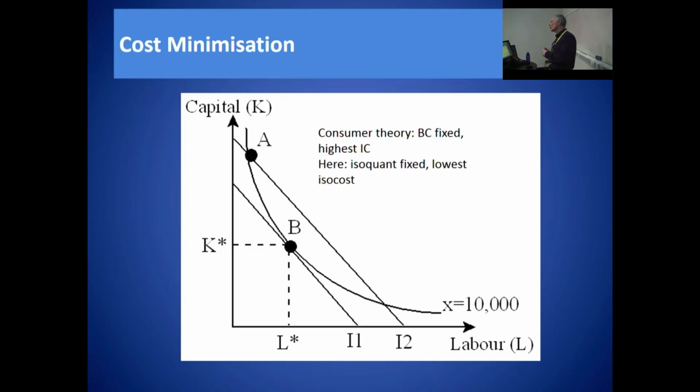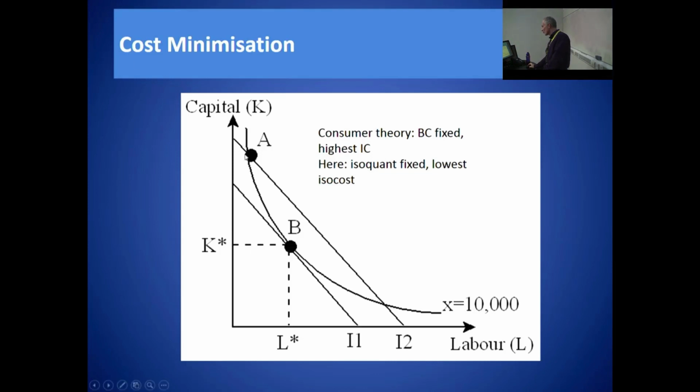However, what I do want you to note is the difference in this analogy between isoquants and isocosts and the story of the theory of consumer choice. In the theory of consumer choice, you have a fixed budget constraint and you look to identify the highest possible indifference curve. Here though, even though the diagram looks remarkably similar, what's fixed is the isoquant.